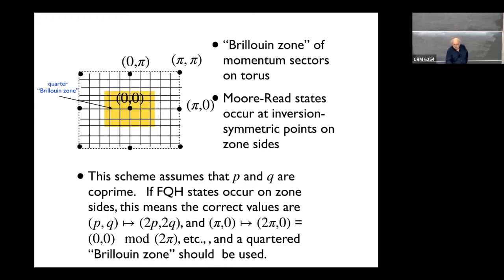One of them is the standard one, 0, but there are also the other ones: pi, 0, and pi, pi. And the Moore-Read state, which initially people would have said was 1/2 filling, is actually 2/4 filling, right? In fact, we know that now because we know the elementary charge on the excitation is 1/4 of an electron charge.